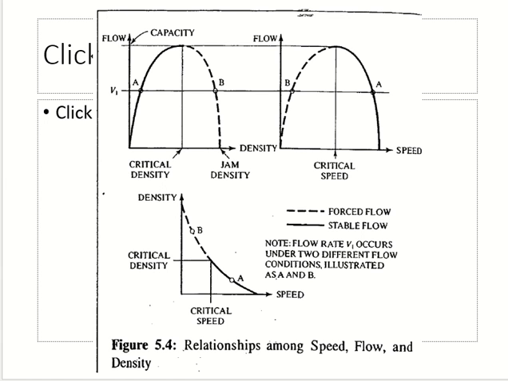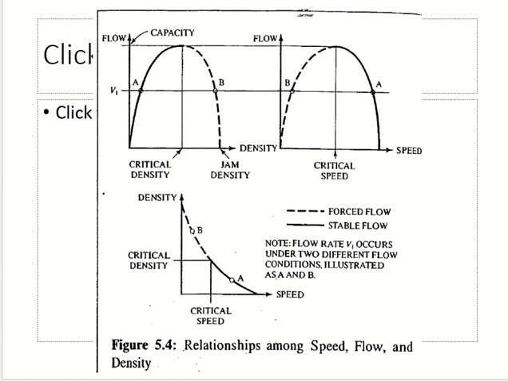Okay. They are calling it jam density. Now which density is this? Jam density is what? Which value is jam density? Yeah, but which value is it on the graph? No. Jam density is maximum density.